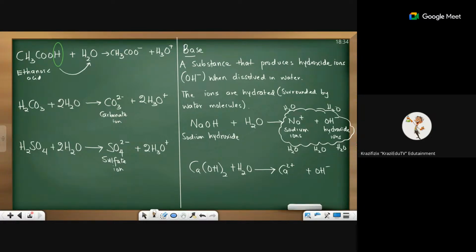My OH is 2 on the left, so it has to be 2 on the right. And we are done. You don't even have to show the water molecules being hydrated. We know that these are hydrated ions, which means they are surrounded with water molecules.